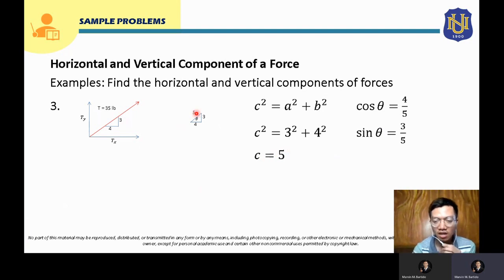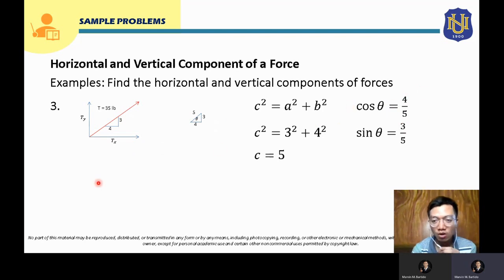Now, to solve for the horizontal component, the formula for Tx is T cosine theta. So we need cosine theta, and from the slope triangle we can get it. Cosine theta is equal to adjacent, which is 4, over hypotenuse, so that will be 4 over 5.